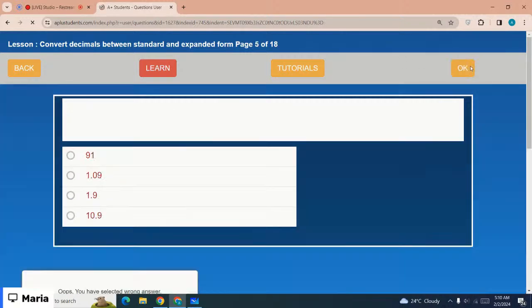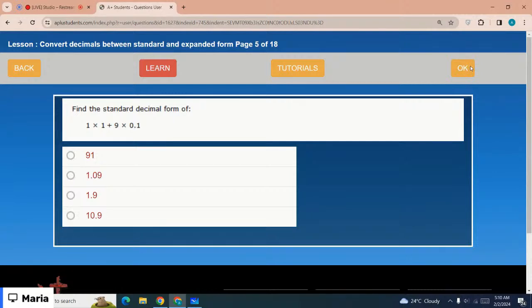Okay. The next one is, find the standard decimal form of 1 times 1 plus 9 times 0.1, which is the correct option. 1 times 1, yes, that is 1.9.